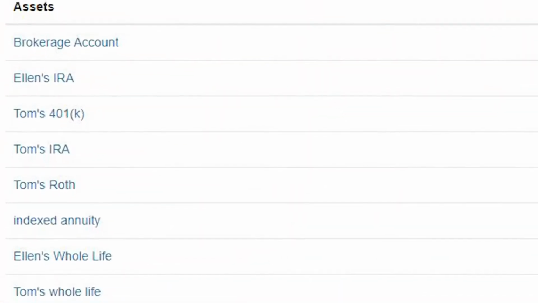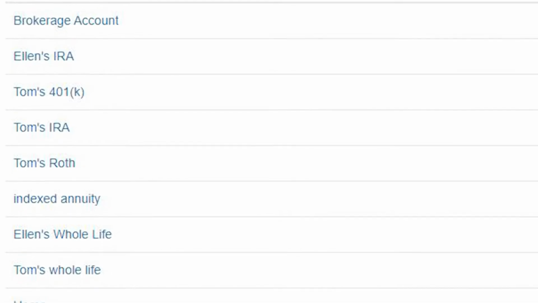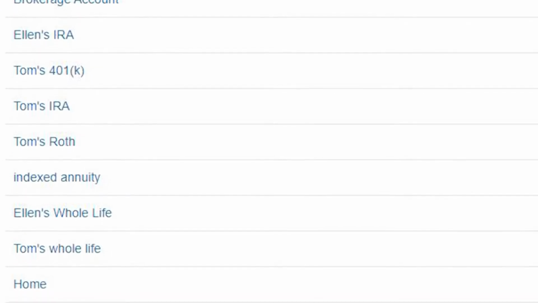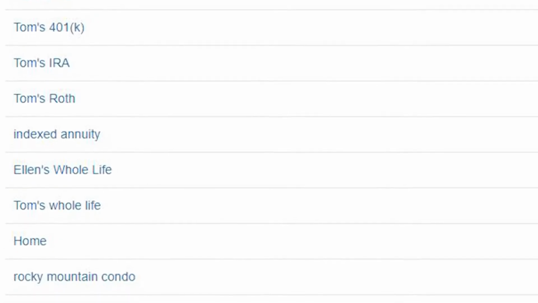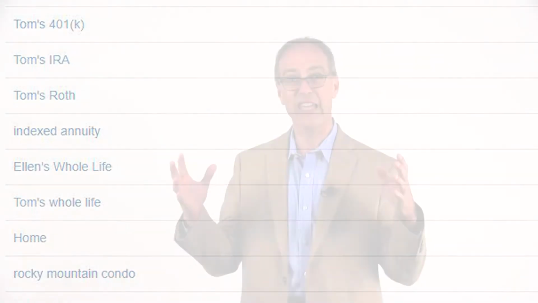Now, the first program that we use actually walks through how you organize your financial life. Now, a lot of us have 401ks, IRAs, and we might have Roth IRAs. Sometimes you have life insurance policies and annuities and different types of accumulation vehicles. Now, these are the assets that we would have. Maybe your home is an asset. Maybe you have investment property that might be an asset.